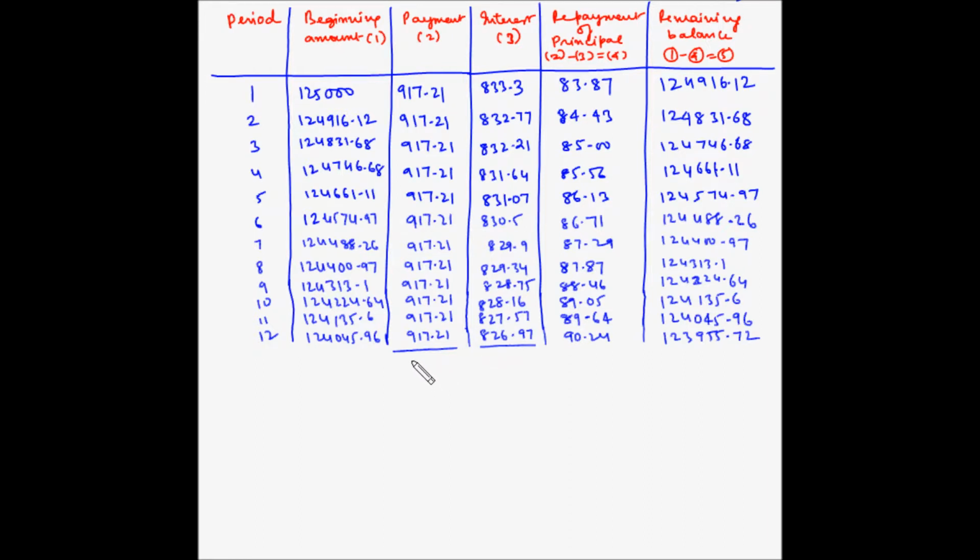So the total of all the EMIs for the first year comes out to be 11006.52, and the total of the interest payment for the first year comes out to be 9962.18. So now we have to find out 9962.18 divided by 11006.52 into 100.